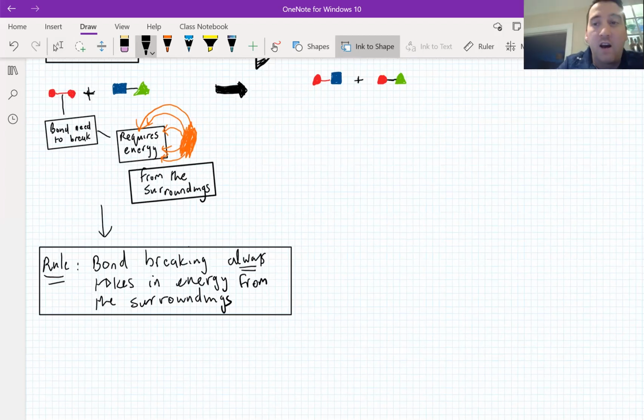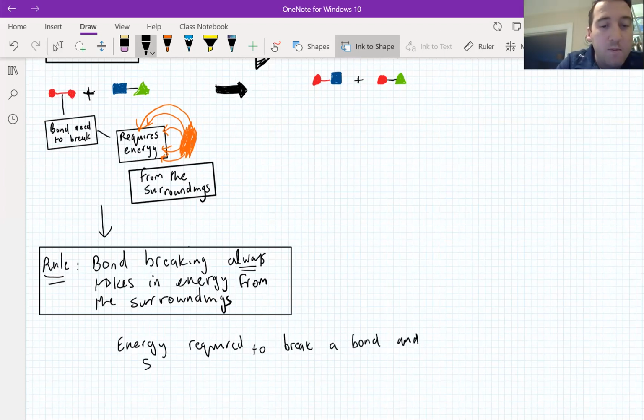And from that, we're going to get our first definition. If we talk about the energy required to break a particular bond and separate the atoms, because that's what has to happen if a chemical reaction is going to occur.